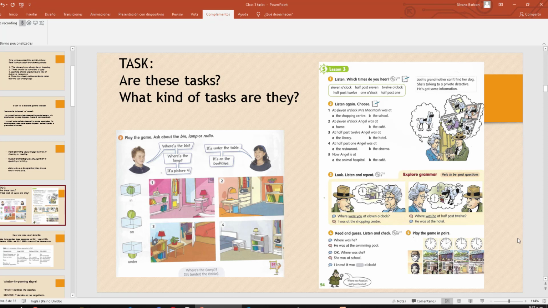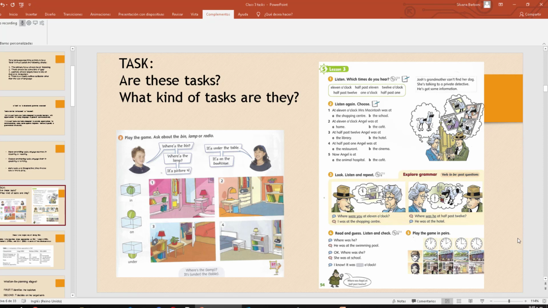So, in this particular case, once again, this is a focused task, because students will be focusing on a specific linguistic item, which is times. And it is an input providing task, because students have to listen and tick.